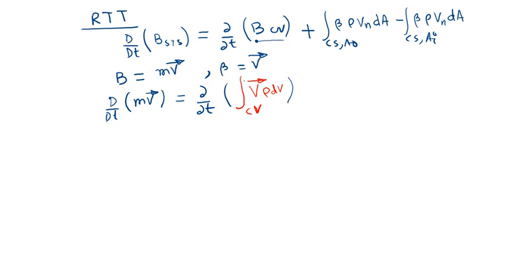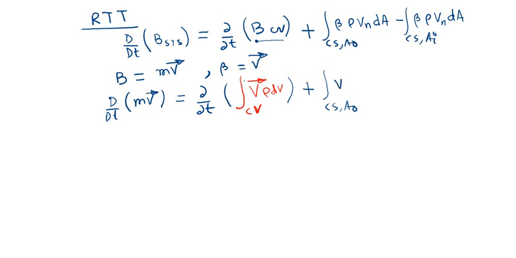And what else? Plus the integration over the control surface across the outlet. Some momentum is going out, so what is the rate of momentum going out?